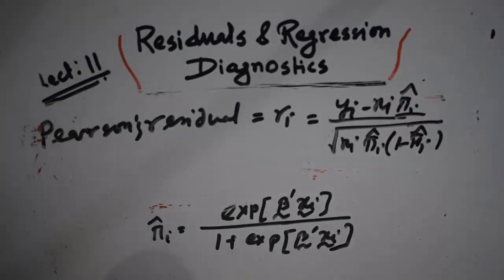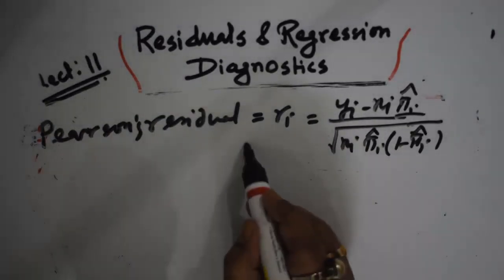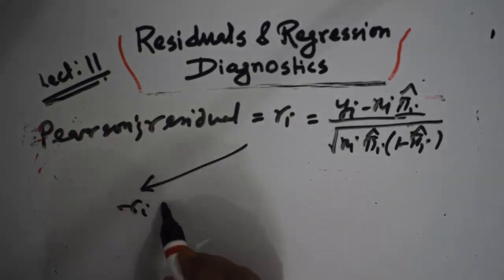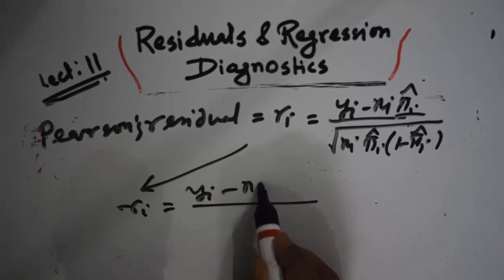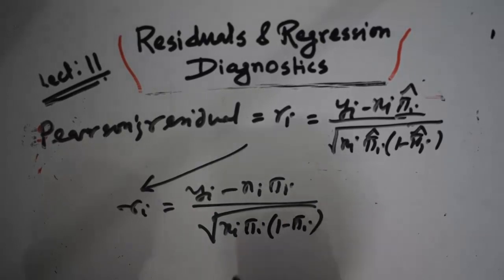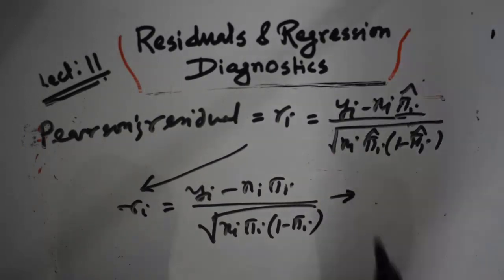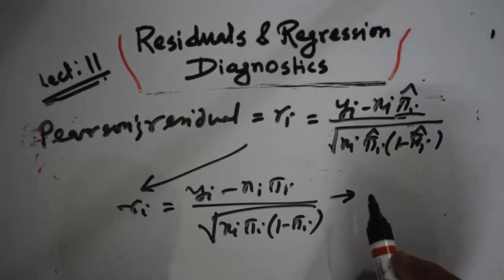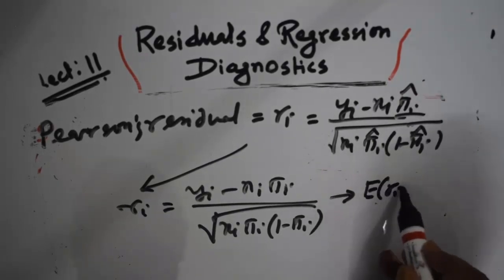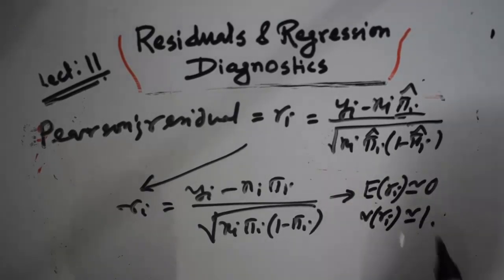For large sample case, it is Ri equal to yi minus ni pi_i by root over ni pi_i (1 minus pi_i). If the model is correctly specified in large sample, this residual will have mean 0, that is expectation Ri approximately 0 and variance of Ri approximately 1.